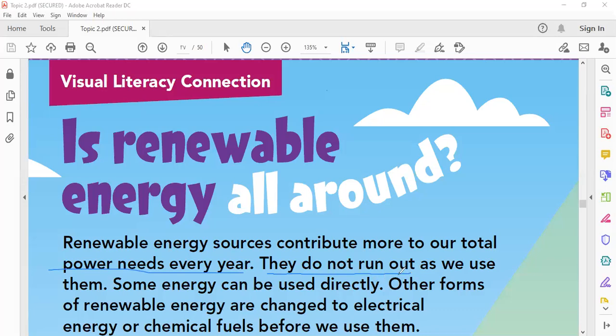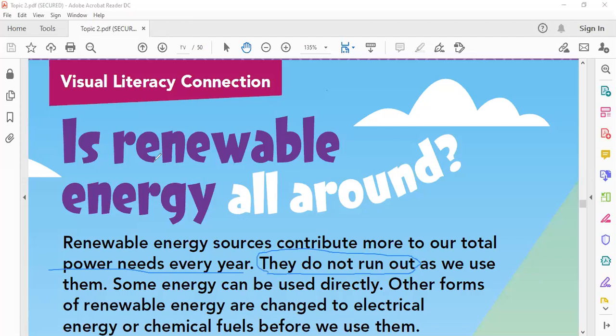Do you think that the solar energy will run out? Impossible. Wind, can the wind run out? Of course not. Water is always available. So these renewable energy sources do not run out, and this is the reason why they are called renewable.